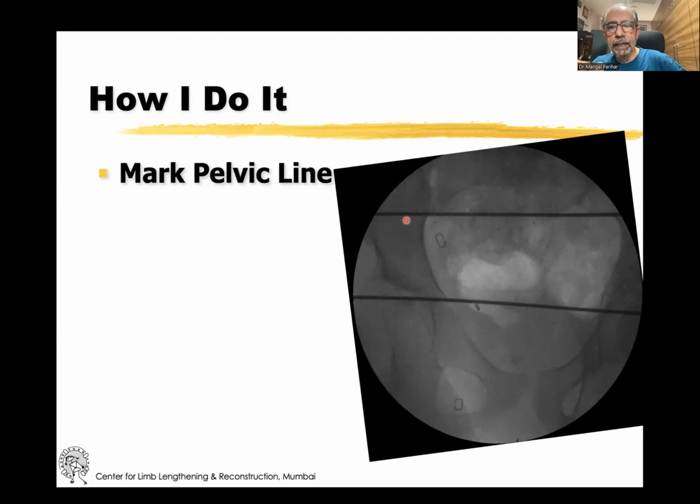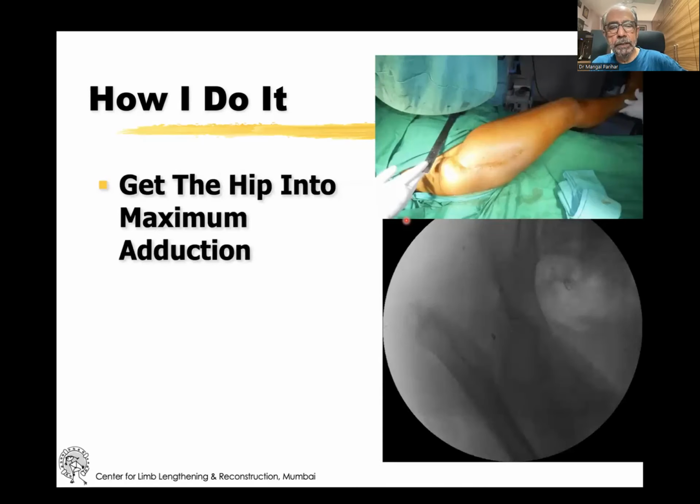So visually, I can see that pelvic line, because the pins that I'm going to put are going to be parallel to this line, right? So now you can see the mark over here, and I've got a ruler placed over there. And from here, I will go into maximum adduction.